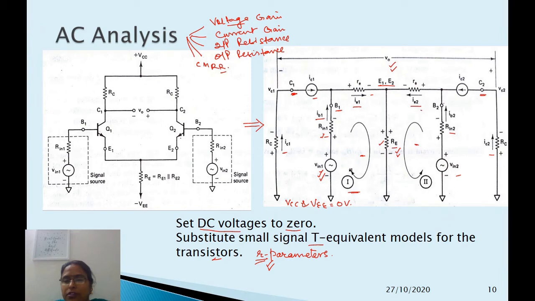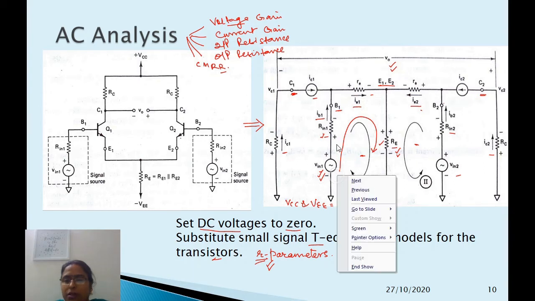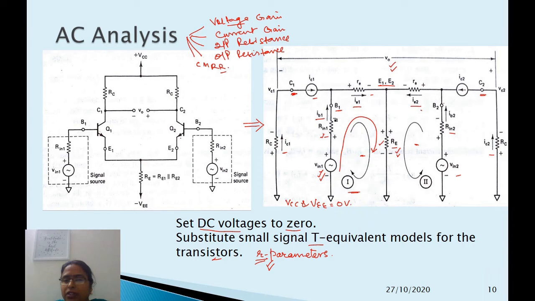So this is loop 1, starting from here to here. Again I am explaining: this is Vin1 minus Rin1 into IB1 minus RE into IE1 minus RE into (IE1 plus IE2) equal to 0.